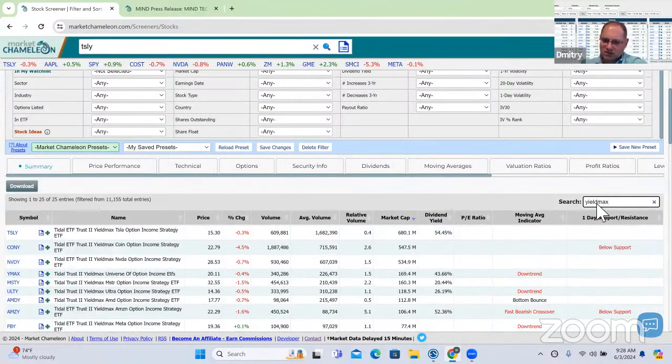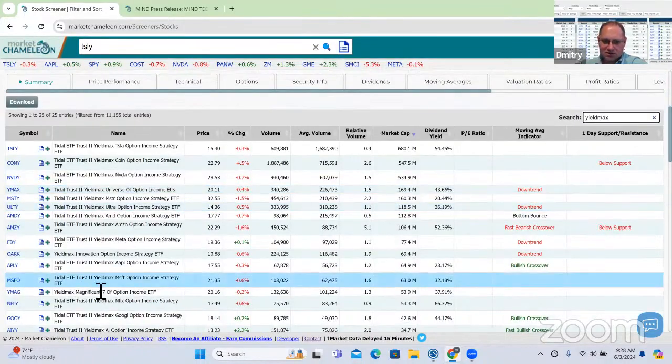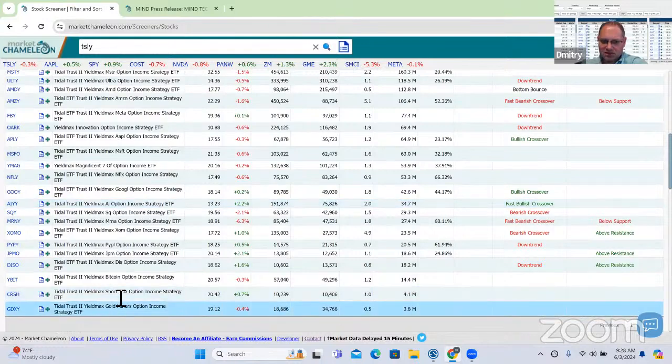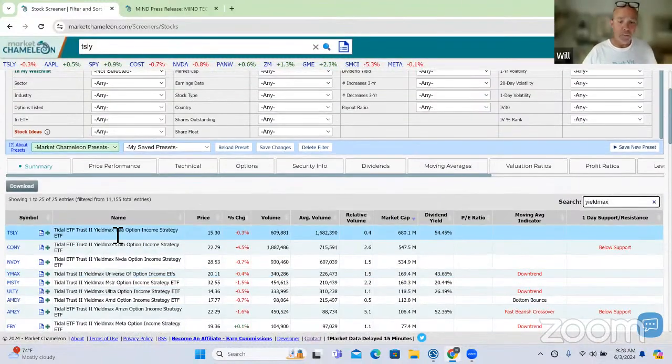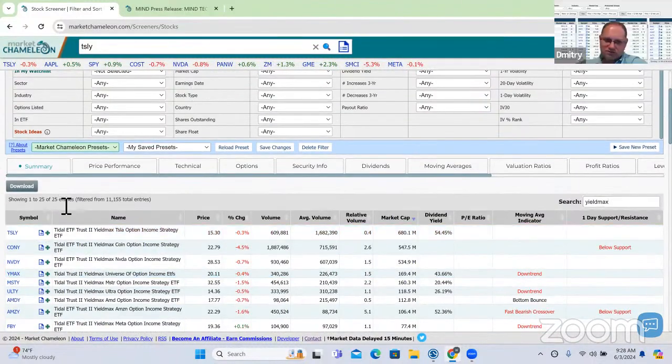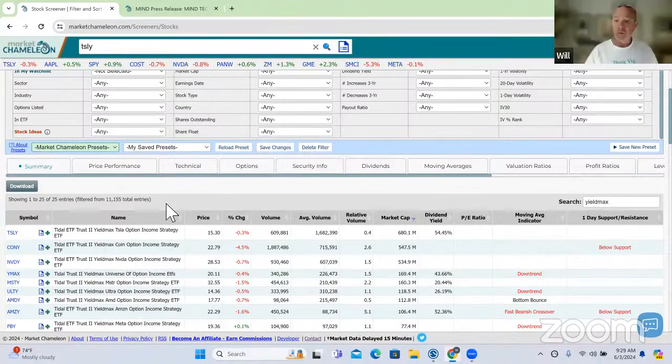Here's Yield Max. I typed it in, and these all look like they're the Yield Max funds. It looks like there are 19 of them, or maybe 25. Very cool.